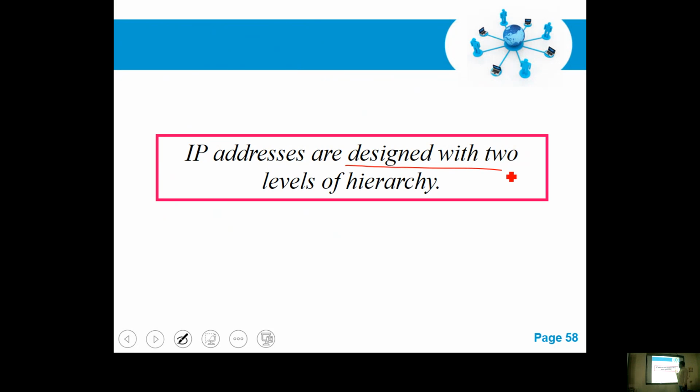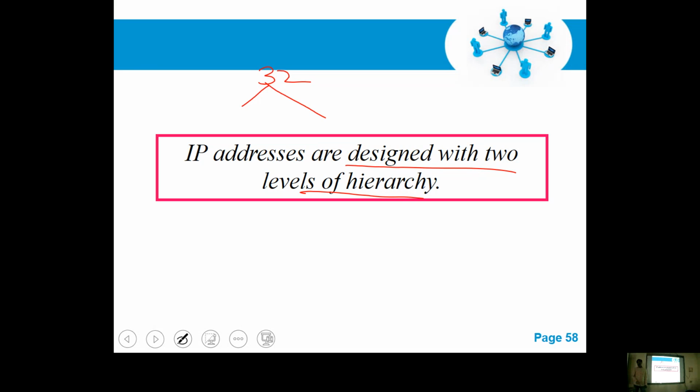IP addresses are designed with 2 levels of hierarchy. What are the levels? Do you remember? Levels of IP addresses? Like out of 32 bits, how are we dividing? The default mask of A we said is 255.0.0.0.